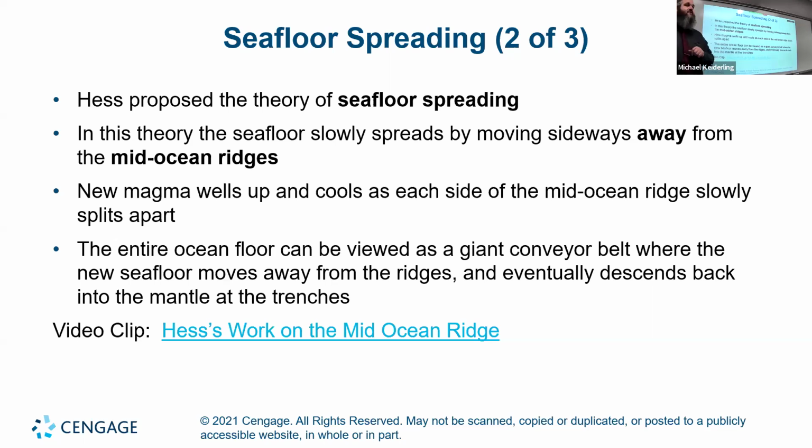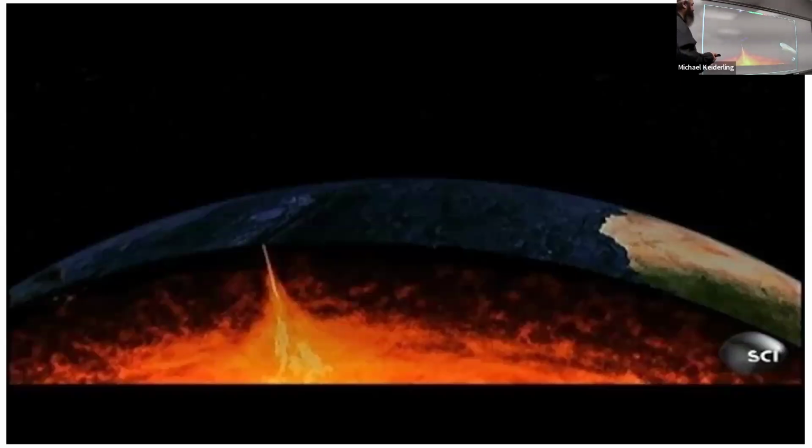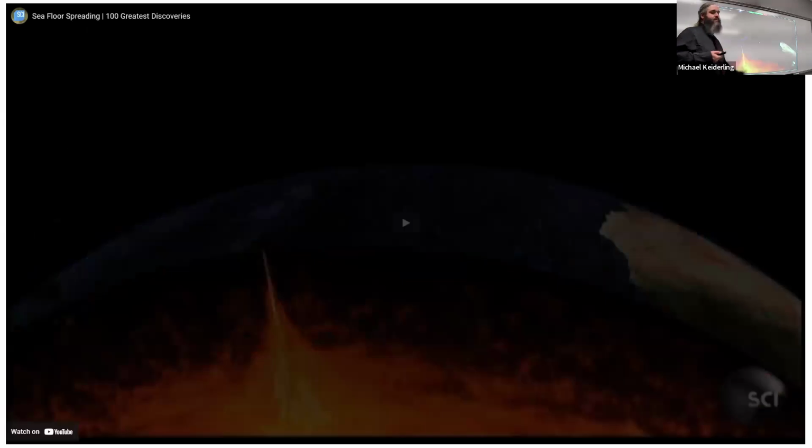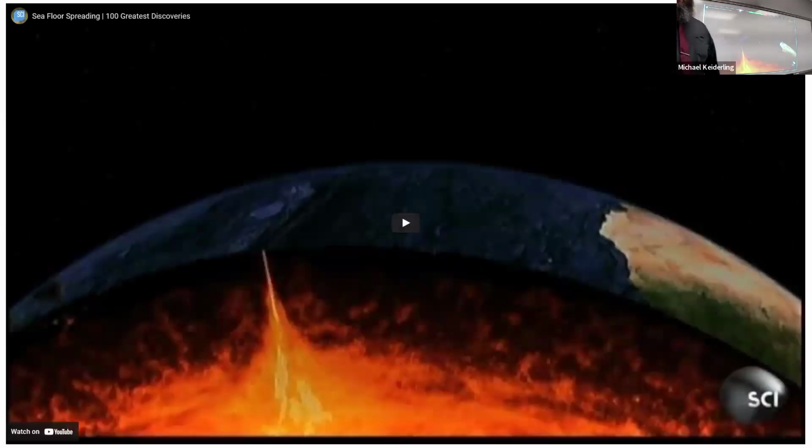New crust is formed at mid-ocean ridges. Old crust is destroyed at subduction zones, at these oceanic trenches. So new seafloor forms and moves away from the ridges and eventually descends back into the mantle at the trenches. And so by studying these ridges and these structures, we were able to figure out the actual motion of the crust and the mechanism behind it.